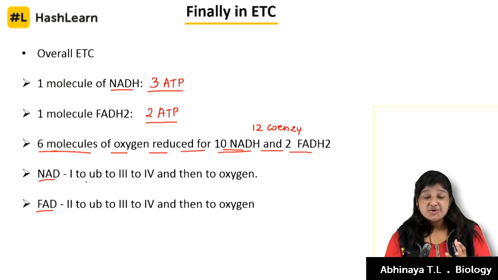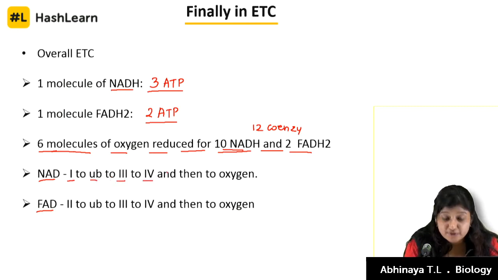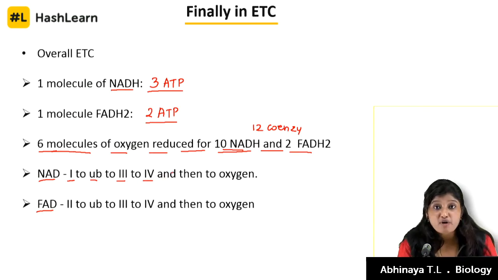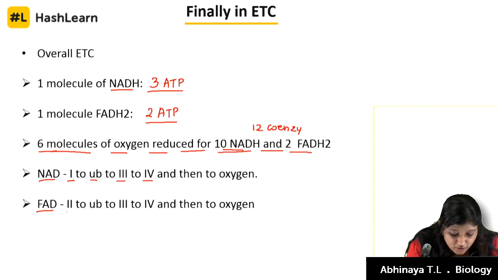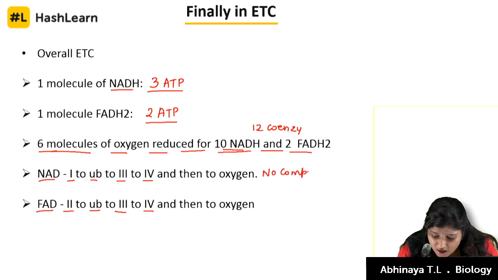The electrons lost from NAD travel from complex 1 to ubiquinol to complex 3 and go to complex 4. There is no involvement of complex 2 here. FAD goes from complex 2 to 3 to 4 through ubiquinol, okay. No complex 1 here, because FAD is involved in complex 2.